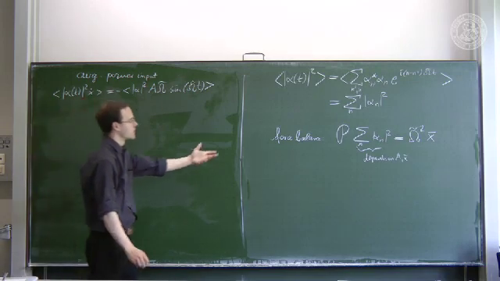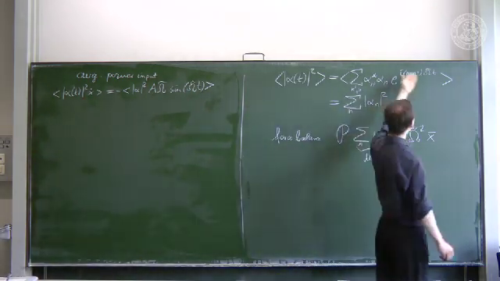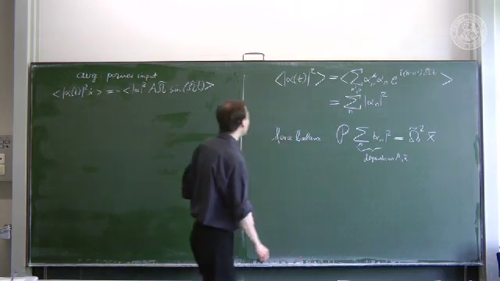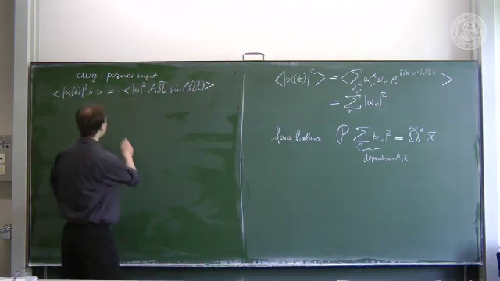And again, I can expand alpha squared just in this manner, copying the formula from here, but now I have to multiply with the exponentials that come from the sine function.